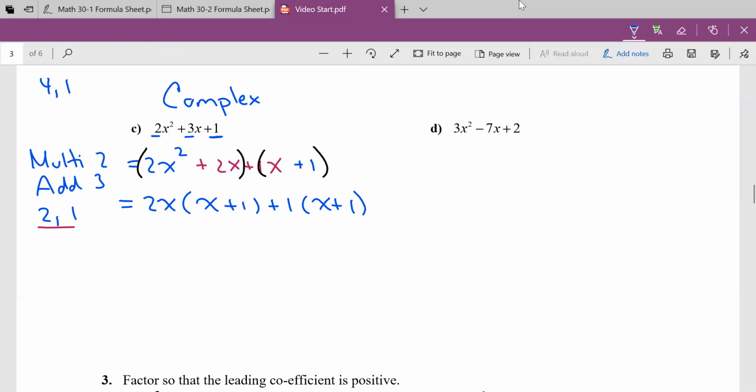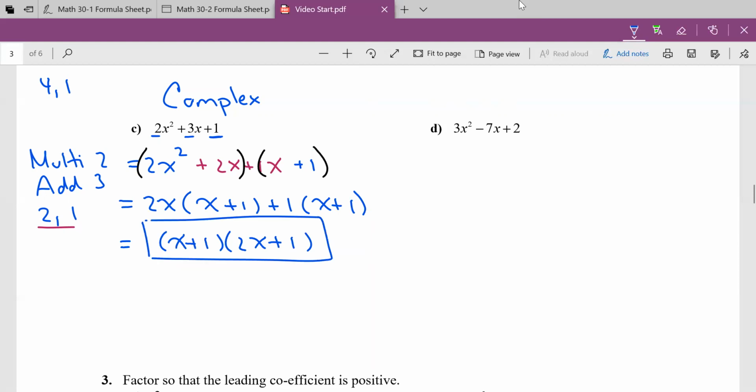And I know I've done this correctly because my two binomials are the same. So now I factor an x plus 1 binomial out of the entire line there. What am I left with? 2x plus 1. There it is. So a complex trinomial definitely got a little bit more work to it.